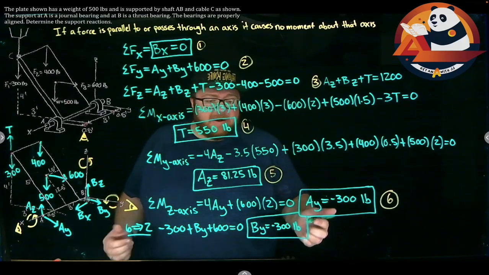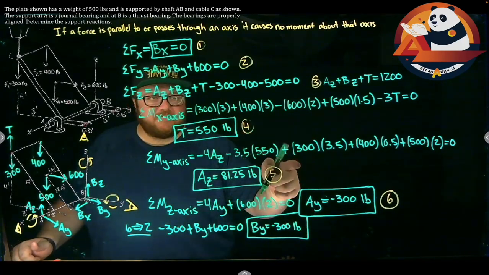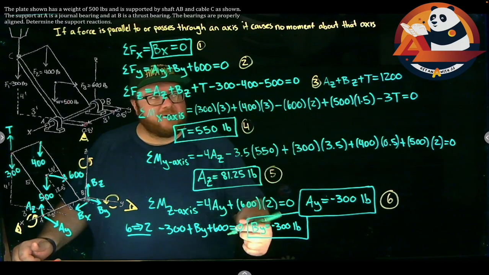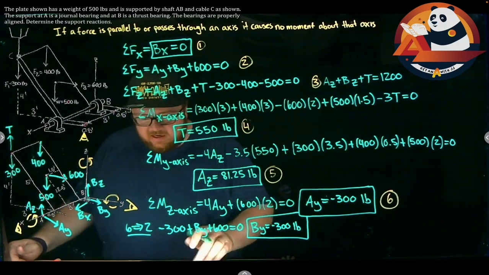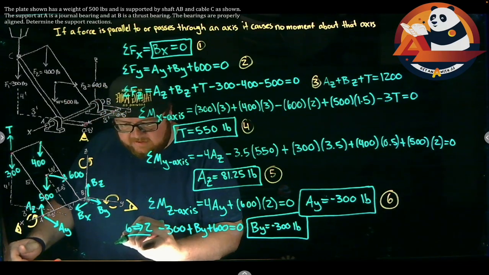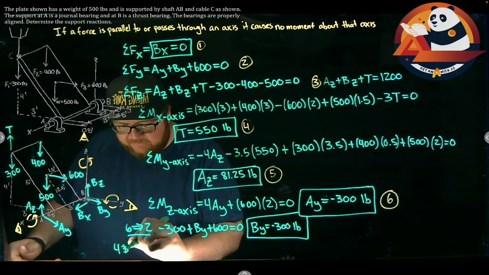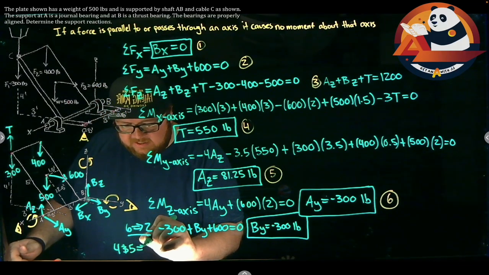From here, the last step, I could just take what I have for equations 4 and 5 and put them into 3. I have AZ and T. BZ would be my only unknown. So 4 and 5, and I'm plugging those into 3.